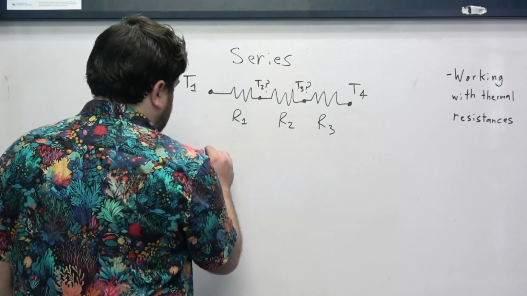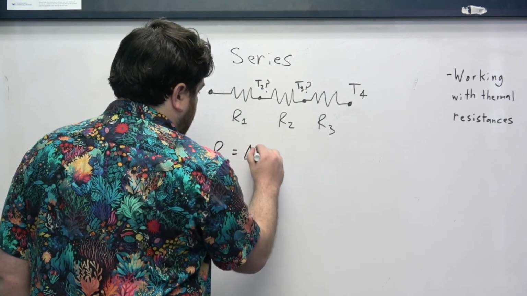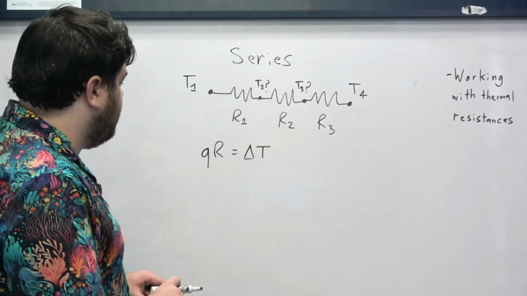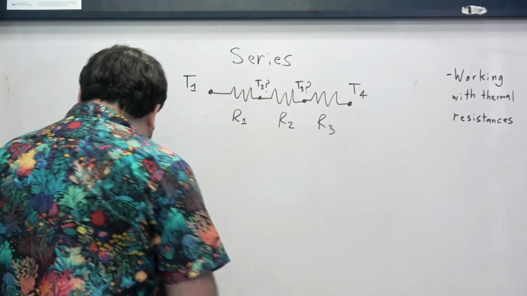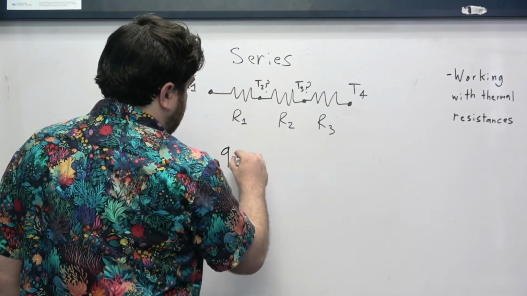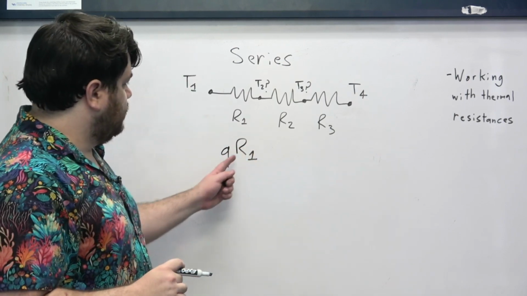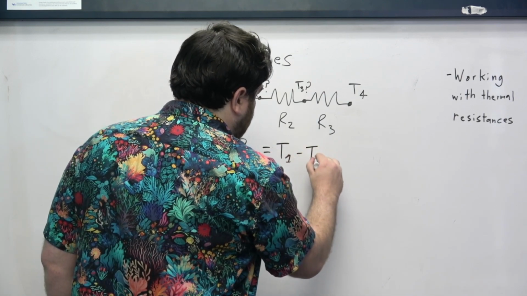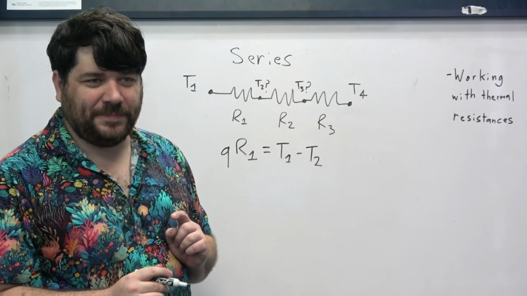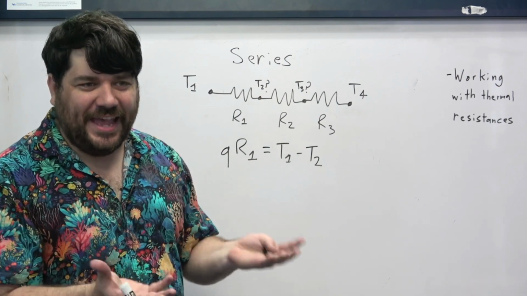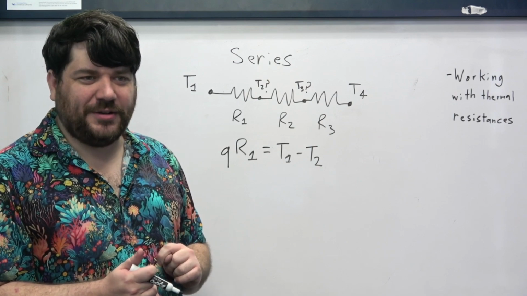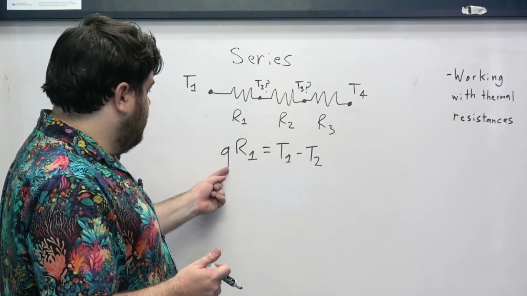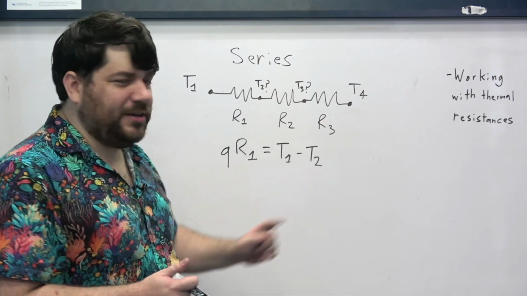We had said that Q times R is equal to delta T. Now, we can write this a bunch of different ways. We can say that Q times R1 is equal to T1 minus T2 or T2 minus T1. Which one is which depends, again, on what assumption you make about which direction the heat transfer is occurring, right? If it's happening left to right, then this number is positive when T1 is larger than T2.